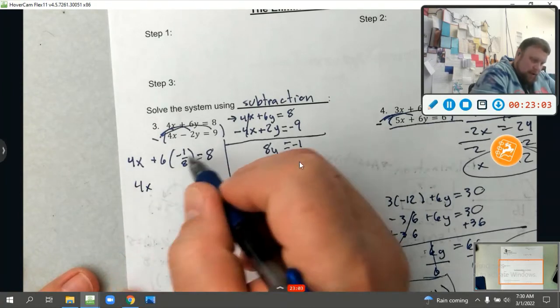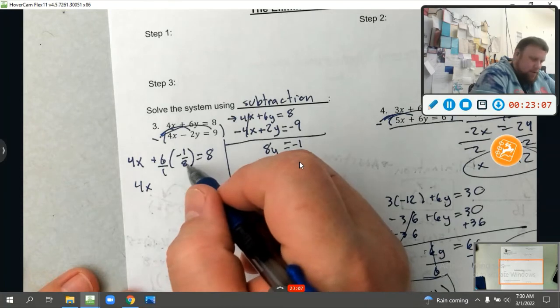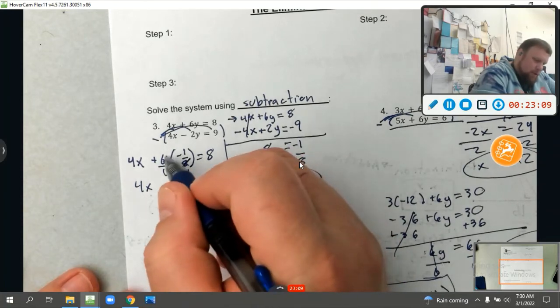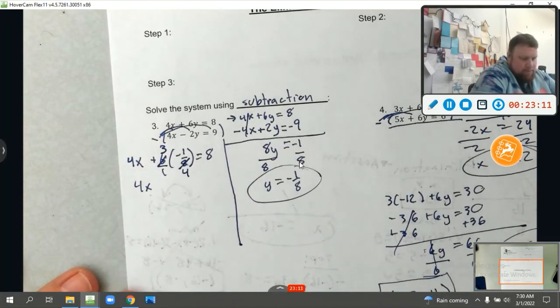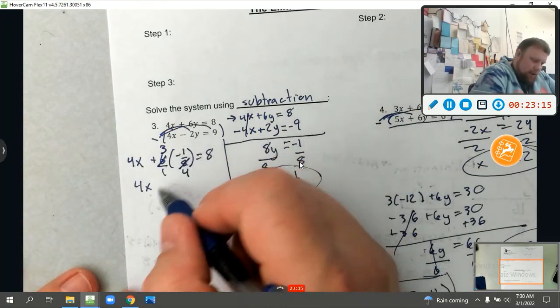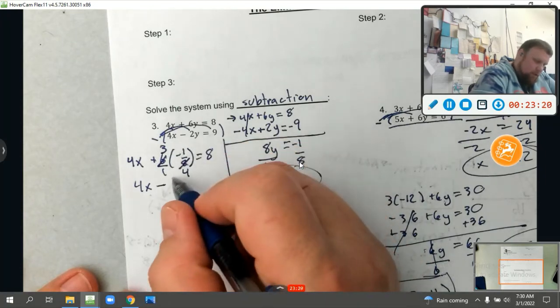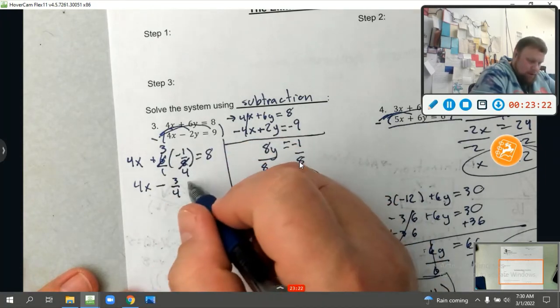That's going to stay the same. What goes into both? Remember, I can write this over 1. What goes into both 6 and 8? 2 does. 2 goes into 8 4 times, goes into 6 3 times. And nothing changes there, so I end up having a positive times a negative is a negative, and I'm left with 4x minus 3/4 equals 8.